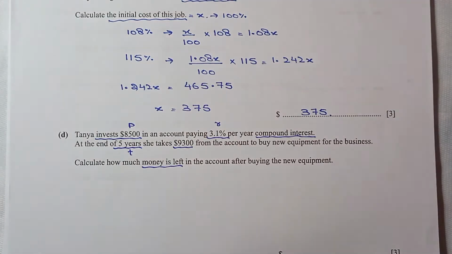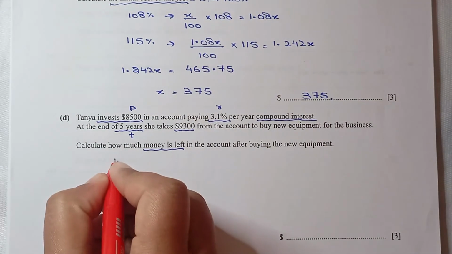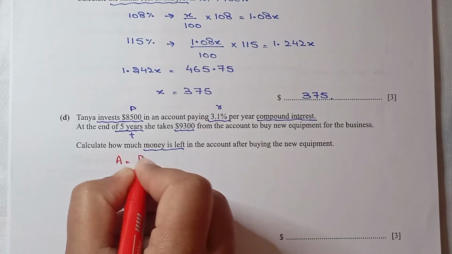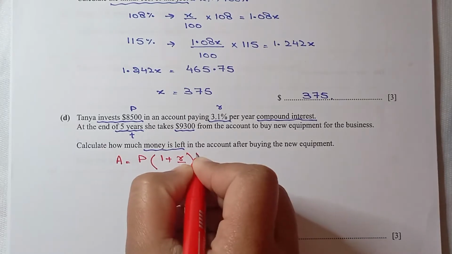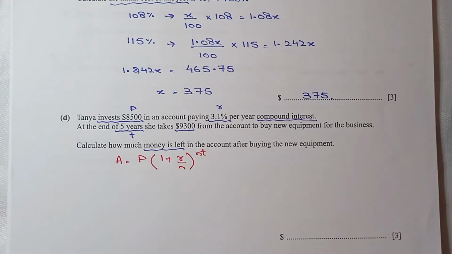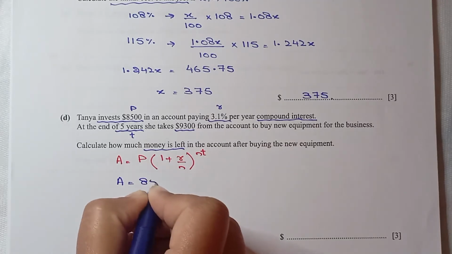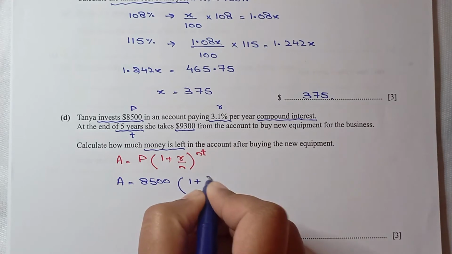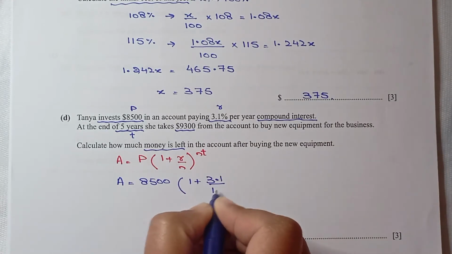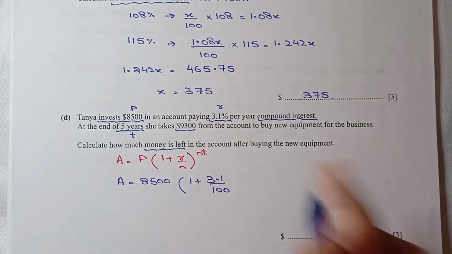Okay, so first we need to use the formula for compound interest in this case. The compound interest formula is amount equals principal times 1 plus r over n, to the power nt. So we need to find the amount. Investment is 8,500 times 1 plus interest rate 3.1%, so 3.1 divided by 100. n is the compounding period, so it is per year, so it is just 1.